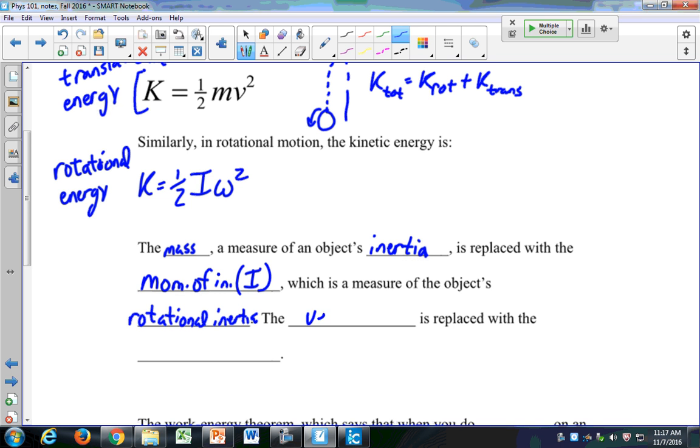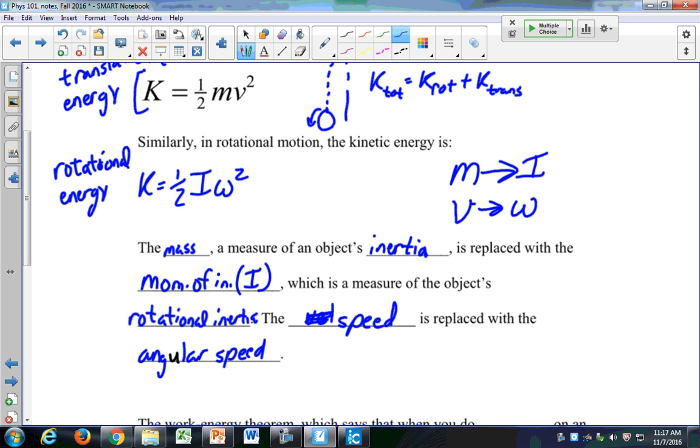And the velocity, or the speed rather, for kinetic energy, is replaced with the angular speed. So we have m becomes I, v becomes omega.